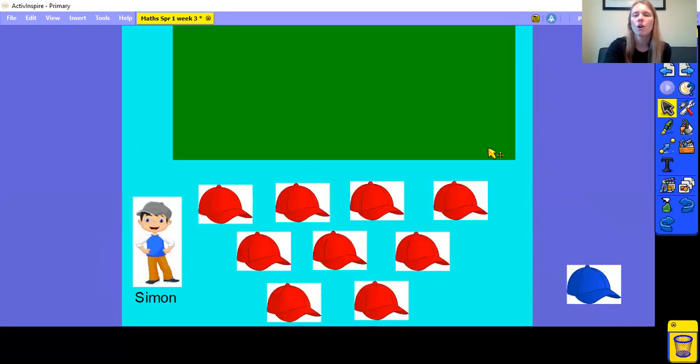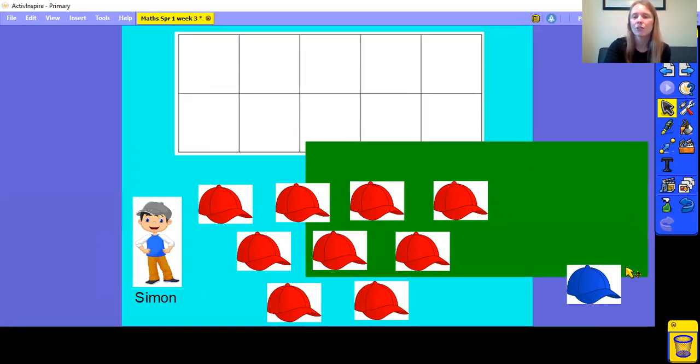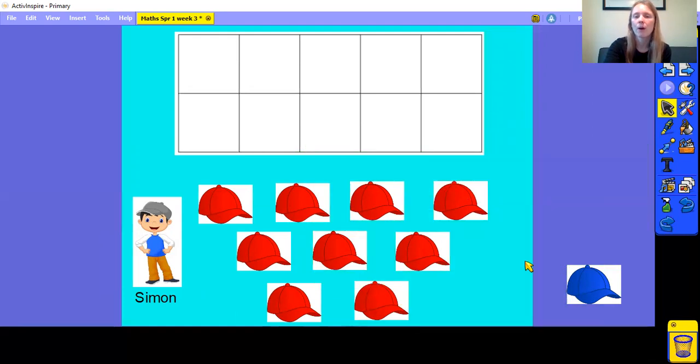Let's have a go with Simon this time. Simon likes his hats. First, he went to the shop and he bought all of these red hats. Then he bought 1 more hat that was blue. Let's use our 10 frame to work out how many hats Simon has now. First, I'm going to put the red hats onto the 10 frame.